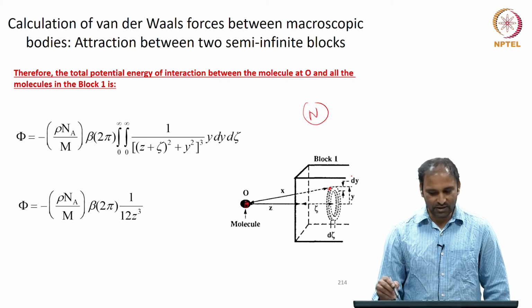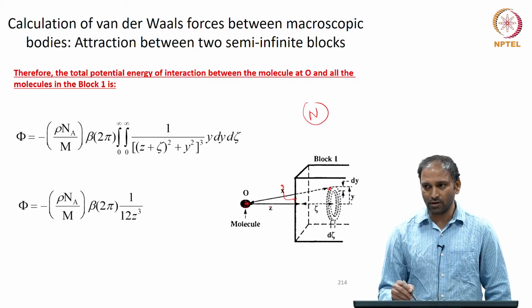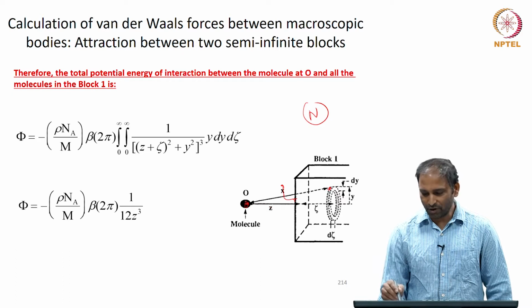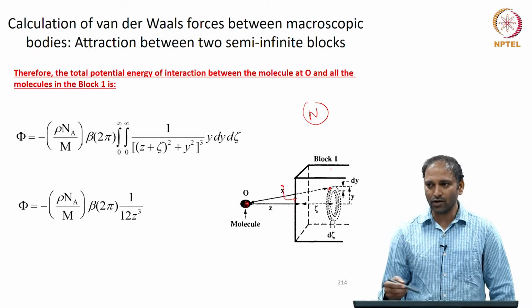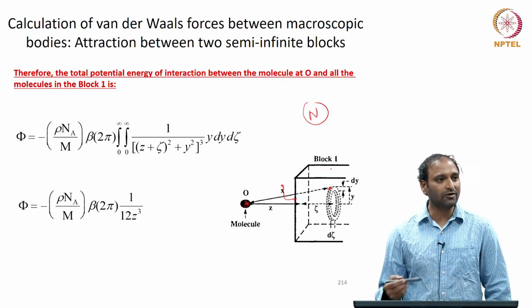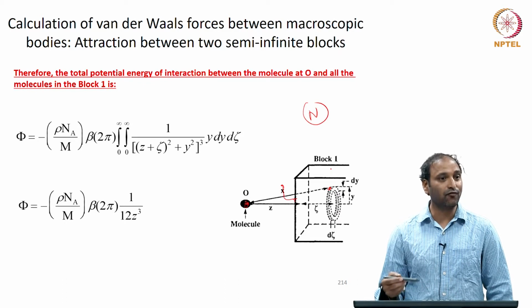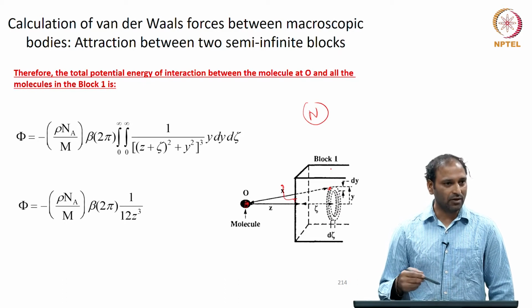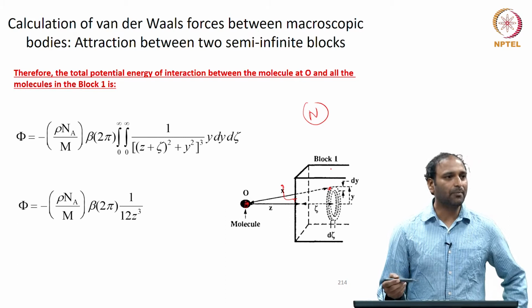If I assume forces, then I would have to resolve that into two components, one vertical and one horizontal, and because of the symmetry, the vertical components would cancel each other, and you are going to add only the horizontal component. You would have to do that if you are deriving an expression for the interaction force, but because we are working out the expression for the interaction energy, I do not have to worry about this, I just do the pairwise addition.